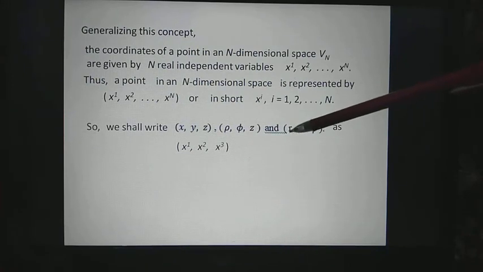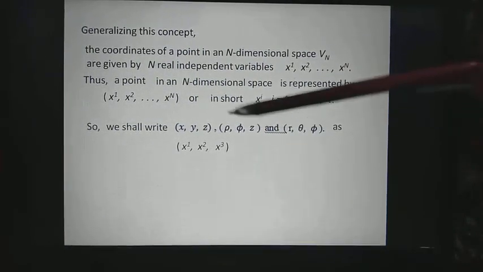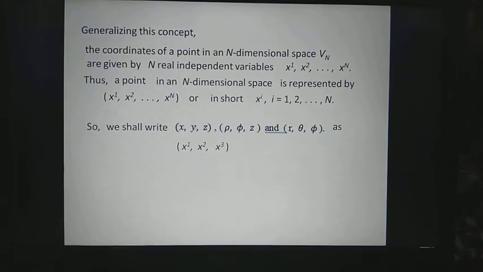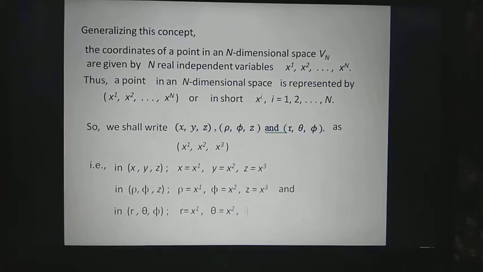And in r, theta, phi, r is x1, theta is x2, phi is x3, using the single letter x with superscript. So, in 10-dimensional space, the point will be described by 10 independent quantities, that is by 10 coordinates, and we will denote those coordinates by x1, x2 up to x10.